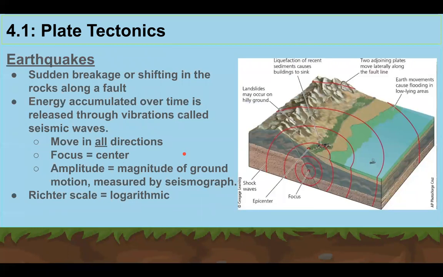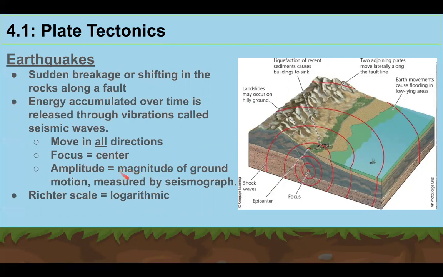Earthquakes, right? Something that's associated with all three of our boundaries here. So again, suddenly shifting plates, because sometimes, especially with the transform boundaries, they're kind of stuck on one another and they're supposed to be moving. And since they're supposed to be moving and they're not, the energy that is contributing to the movement of these plates is getting stored up until they finally shift, and then that energy is going to get released.